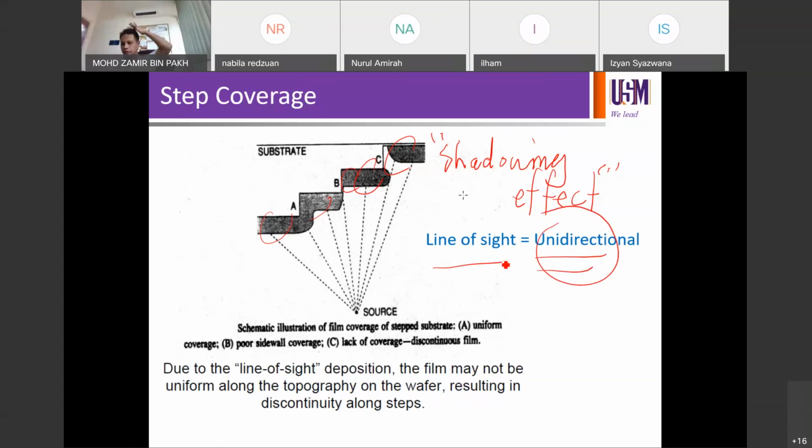You have the features on your wafer. So let's discuss. You have some features on the wafer, and then you are running an evaporation process, which, you know, is line of sight deposition, unidirectional. But you cannot avoid having features on your wafer. So what would you do to ensure a more uniform deposition? What would you do? Aniza, what would you do to ensure a more uniform deposition on your wafers? Anyone?